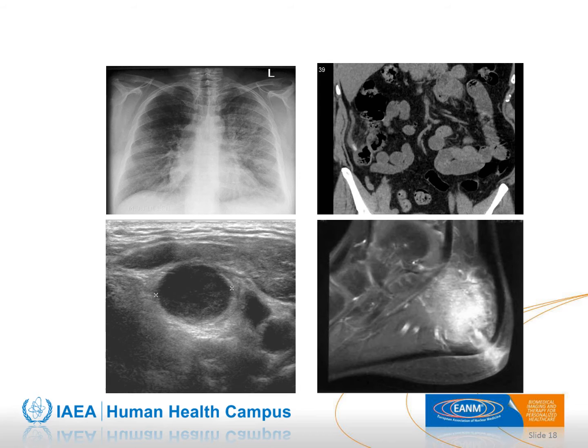Neck nodes are often studied by ultrasound, and it is the increase in the size of the node with the loss of the fatty hilum which suggests that this could be an infectious or an inflammatory process. Finally, the MR shows a change in signal intensity in the calcaneum, suggesting that there could be an osteomyelitis reaction.